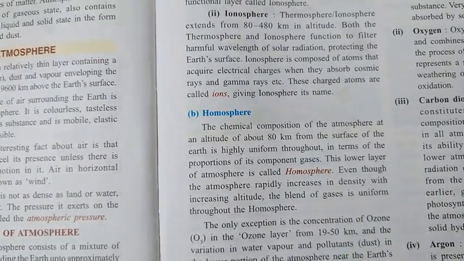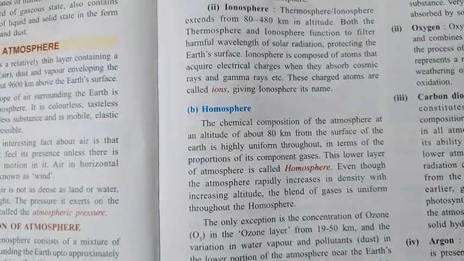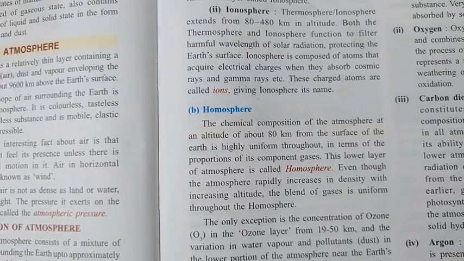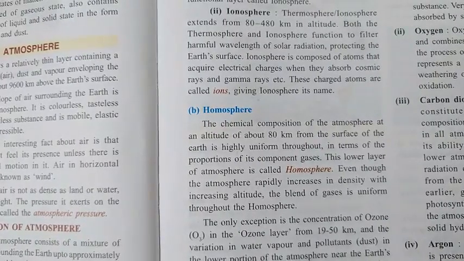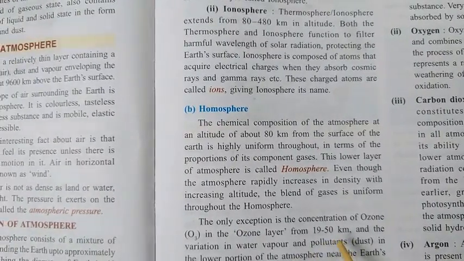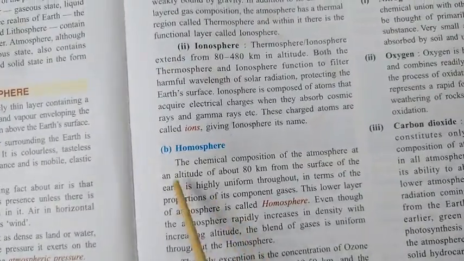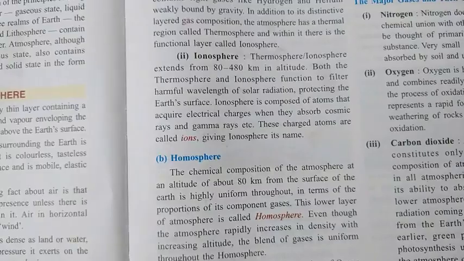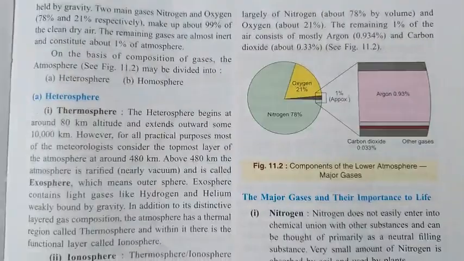Among all the gases found in the atmosphere, there are some very important ones, especially in the homosphere, because mostly all the gases are found in the lowest layer, up to 80 kilometers. Let's see in the book.